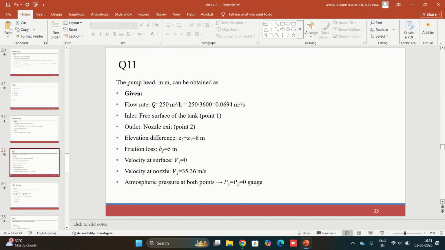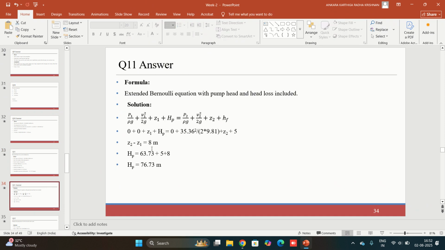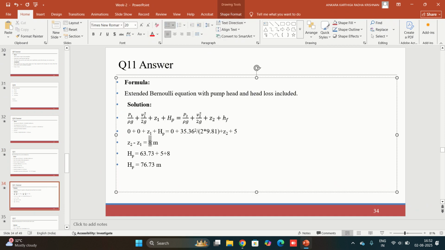As I was saying, I'll correct it and upload it later. So I just found out the error. Z2 minus Z1. So point 1 is free surface. So Z2 minus Z1 is 2 meters. It is not 8 meters. So we need to use it as 2 meters. So Z2 minus Z1 is 2 meters. Again, it is 2 meters.